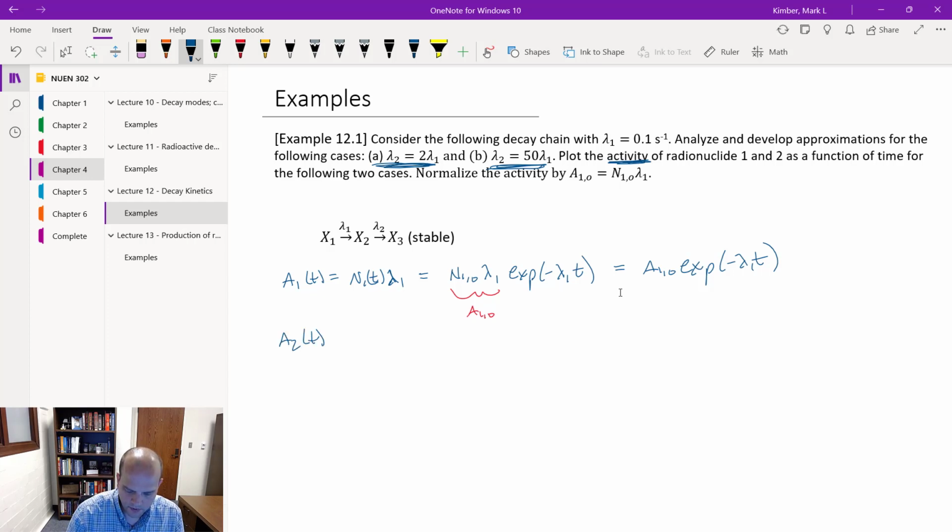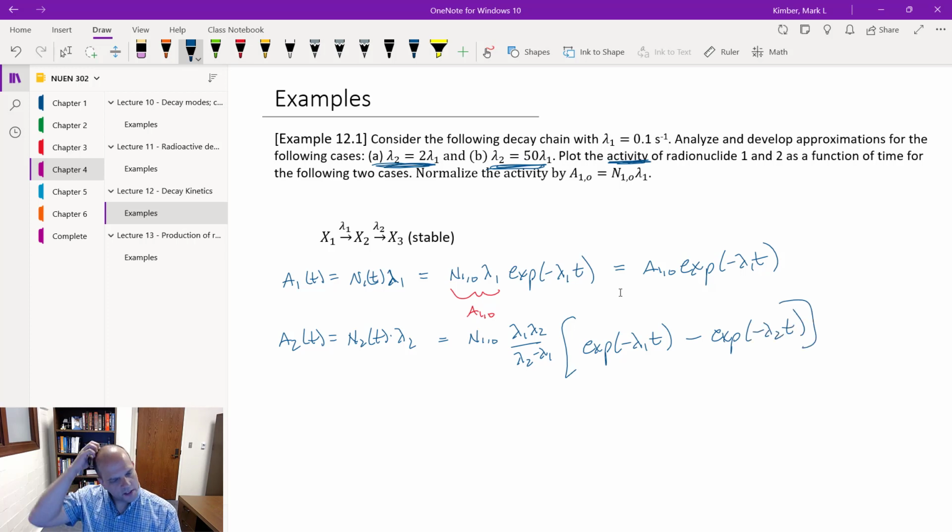For isotope number 2, that activity is just going to be N2 times lambda 2. Taking our expression that we just developed from our notes, we've got N1 naught multiplied by lambda 1 lambda 2 over lambda 2 minus lambda 1 multiplied by the exponential of minus lambda 1t minus exponential of minus lambda 2t.